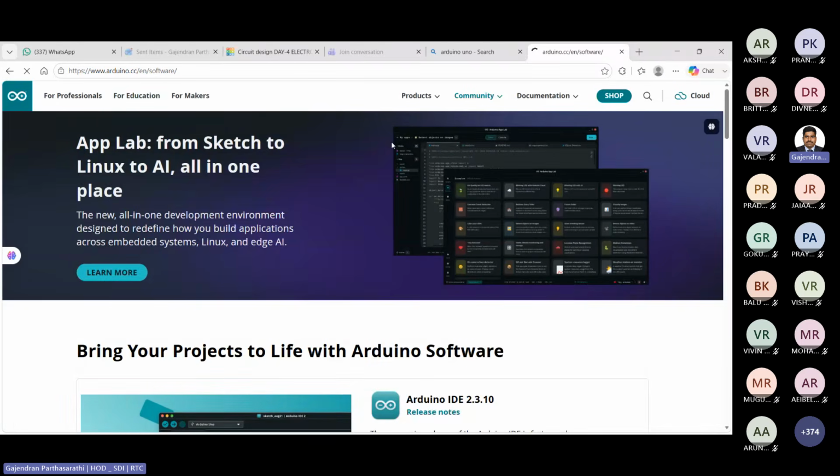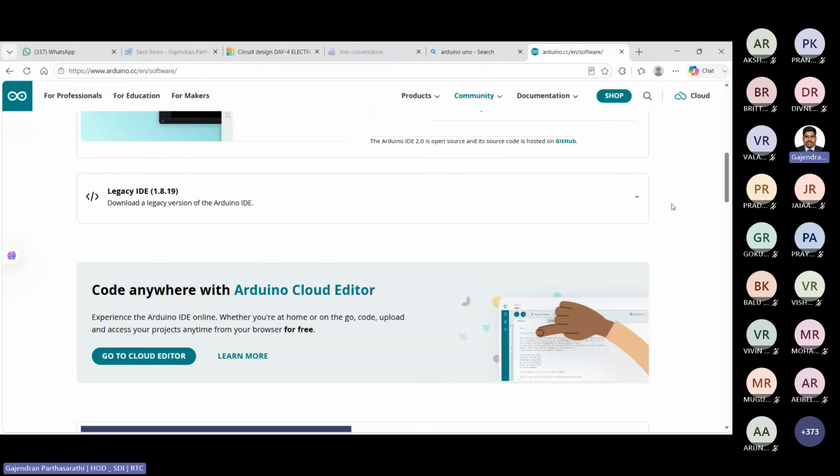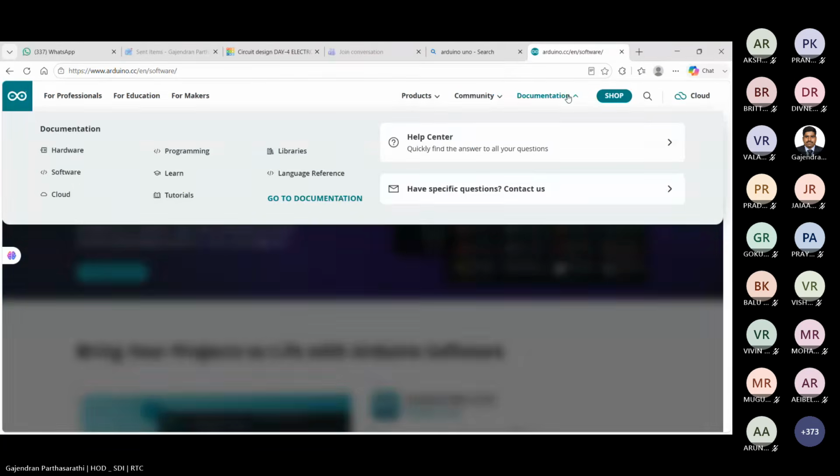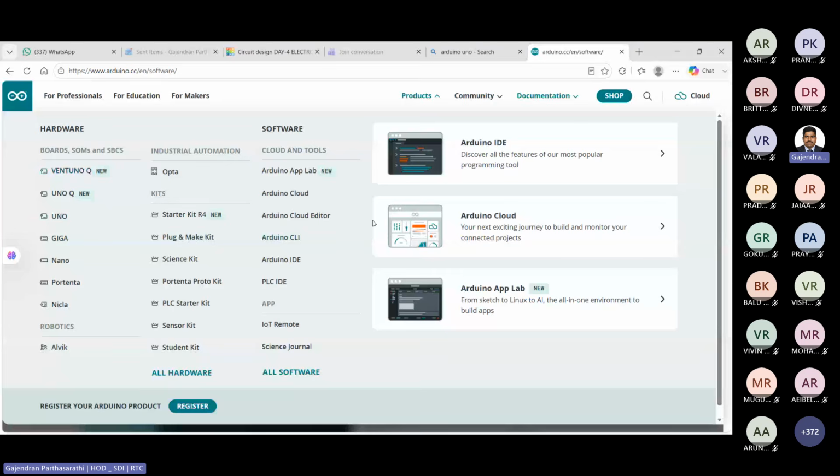Can anyone guide me where I need to go? This is the Arduino website. Sir told you to check the reading part. We need to get into the documents. Very good. Click on documents. You will find so many things over here.